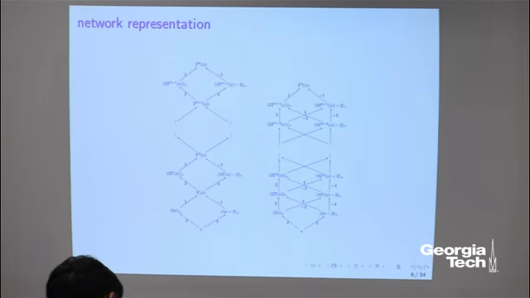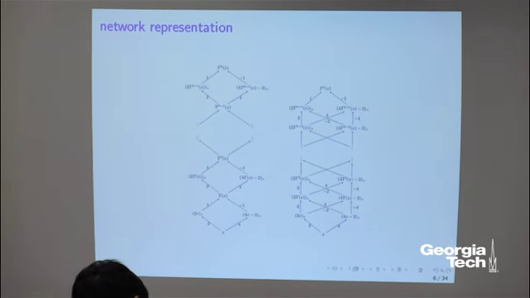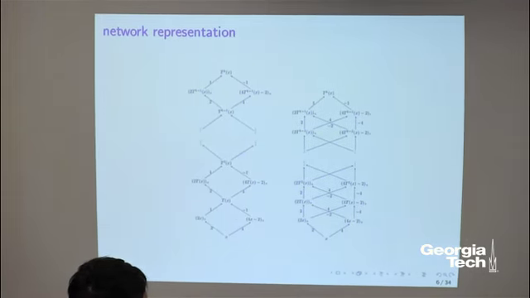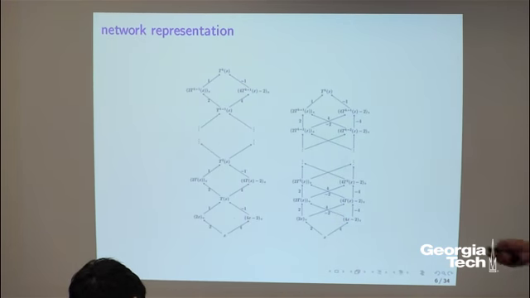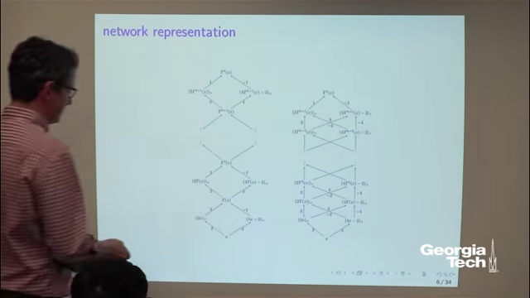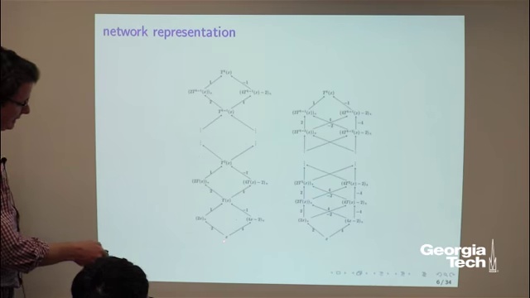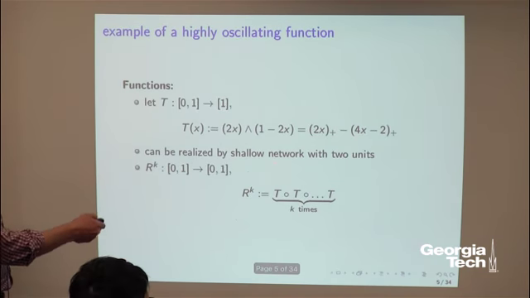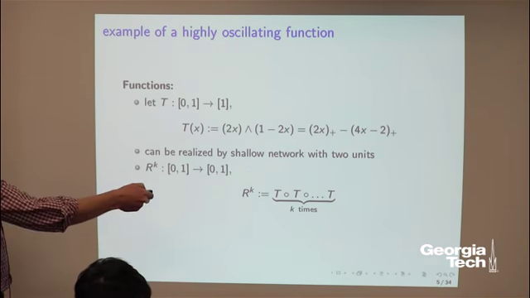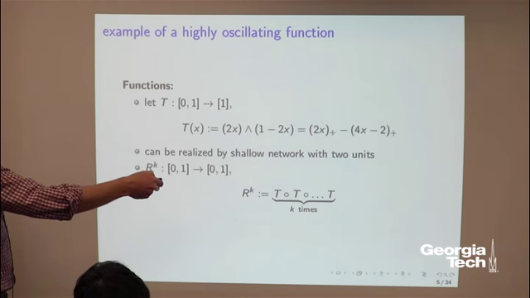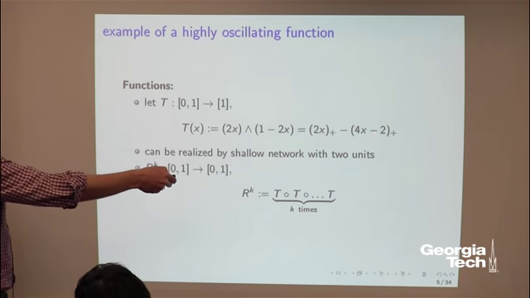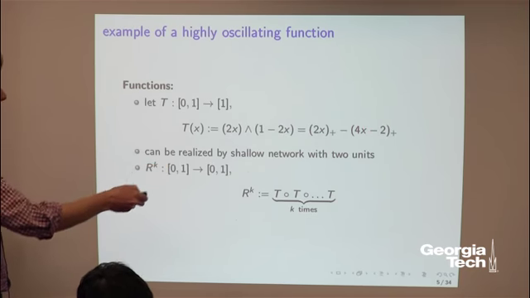And here's the way you can build this function by a deep ReLU network, and I hope you can see it. It's a complex thing. What you do in the first layer is you use this representation: T of x can be written as a difference of two ReLU units.